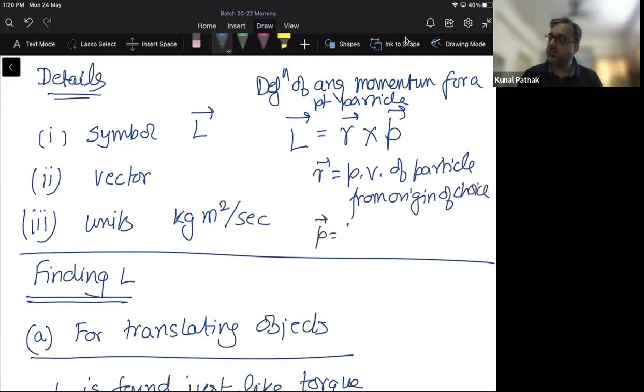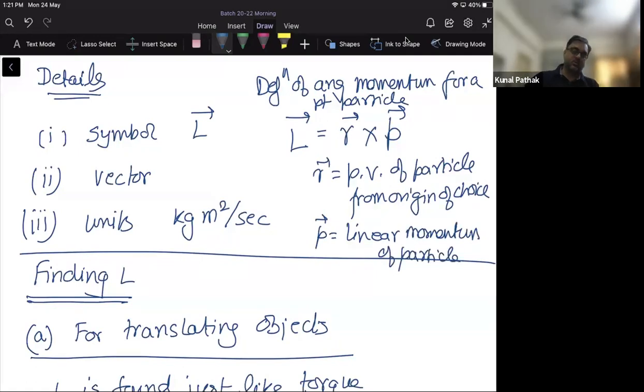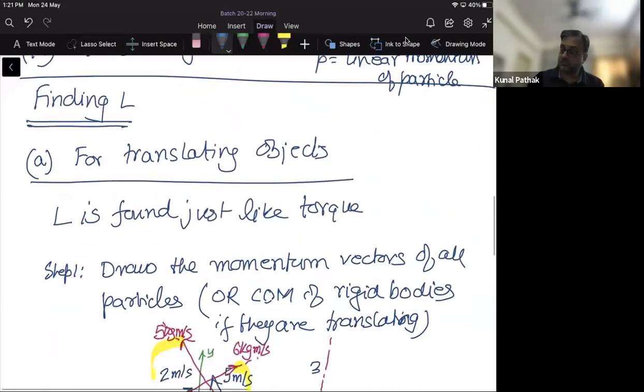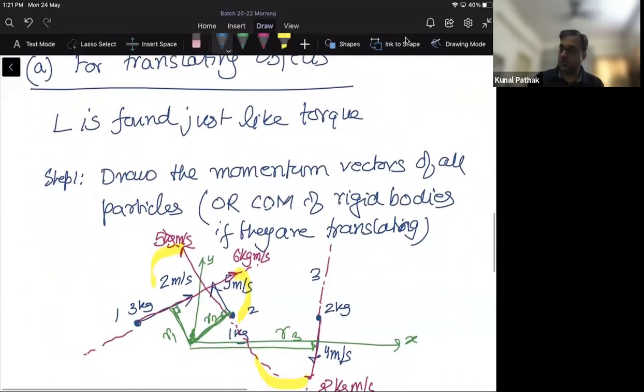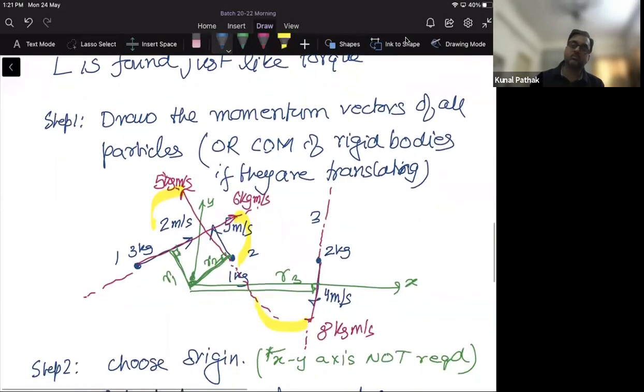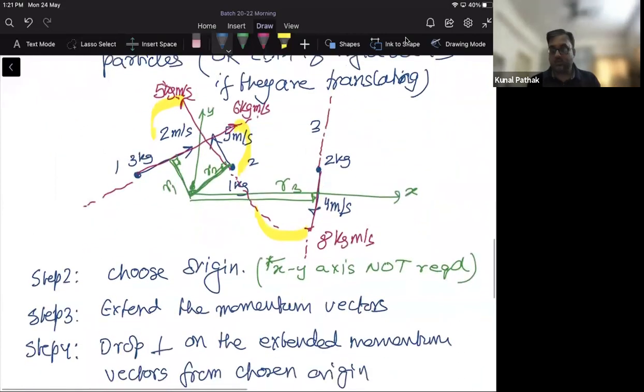P is the linear momentum of the particle. So please note this down.